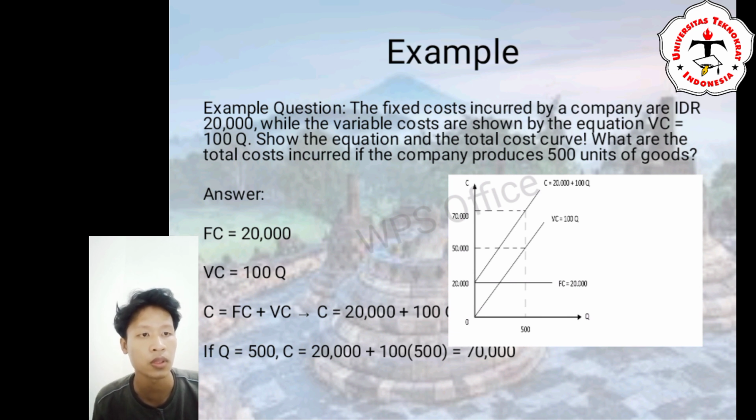C equals FC plus VC, so C equals 20,000 plus 100Q. If Q equals 500, C equals 20,000 plus 100 times 500 equals 70,000. So the answer is 70,000 IDR, or rupiah.